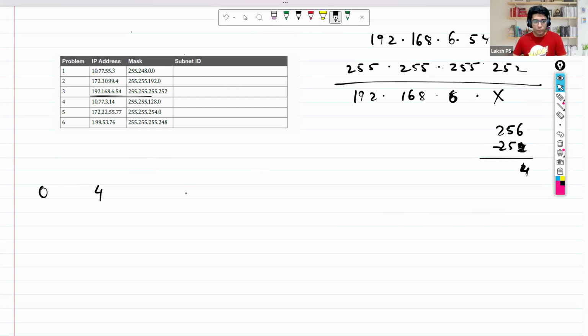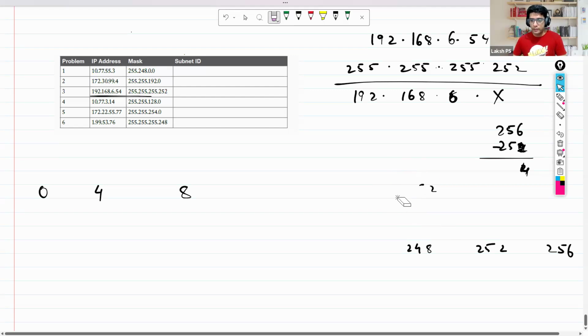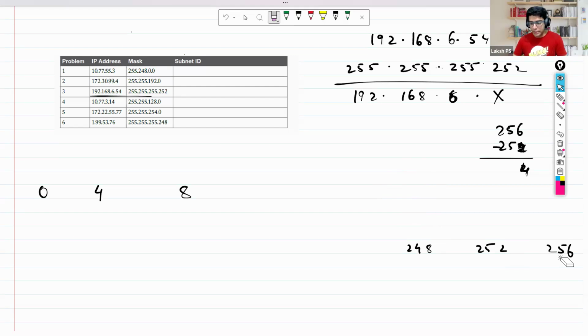So writing multiples of 4: 0, 4, 8, like that, we will reach 248, 252, and finally 256.